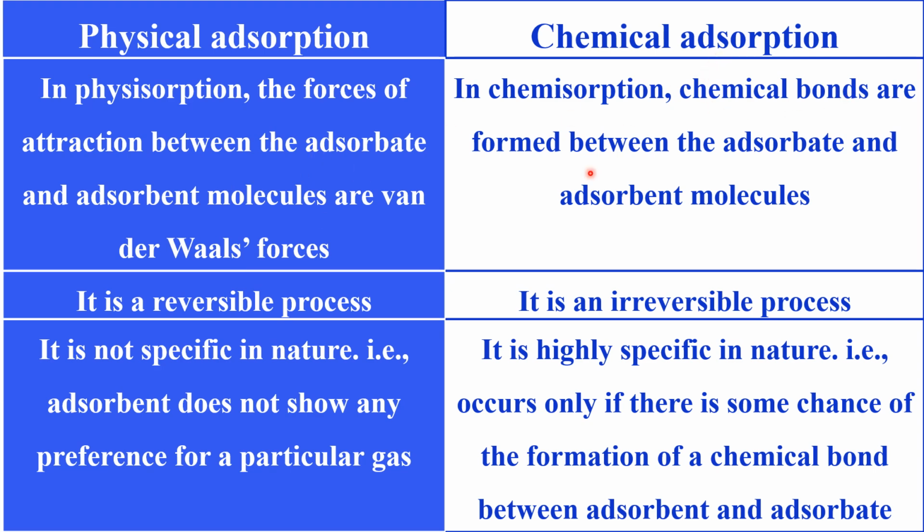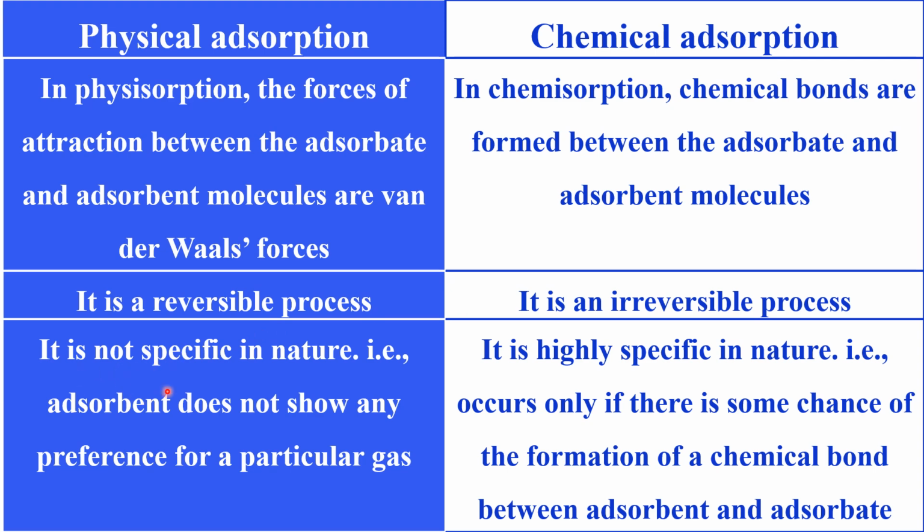In chemical adsorption, chemical bonds like ionic or covalent bonds are formed between the adsorbate and adsorbent molecules. Physical adsorption is reversible. Chemical adsorption is irreversible.